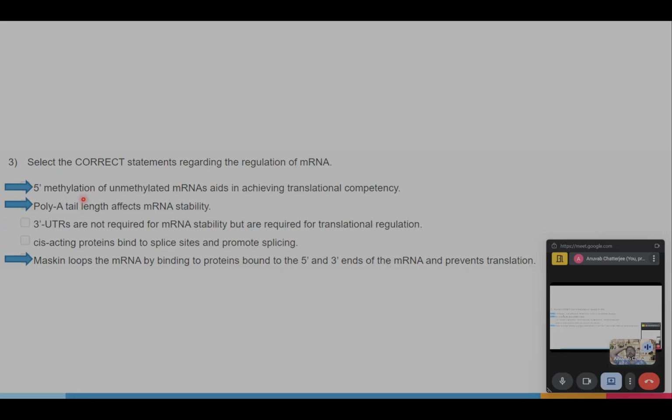But in case of prokaryotes, since the ribosome binding site is a DNA sequence, the Shine-Dalgarno sequence, then if you have multiple Shine-Dalgarno sequences, then you can actually have multiple different open reading frames on the same mRNA.